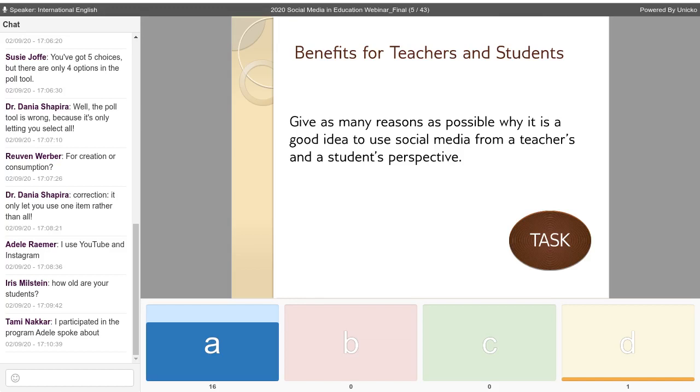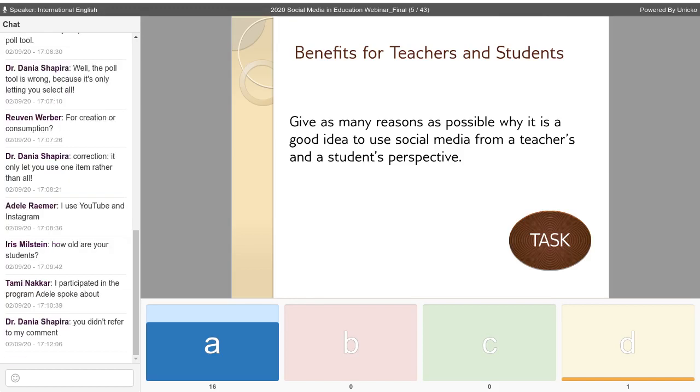Okay, so what are the benefits of social media for teachers and students? Why should we use social media? And I would like you to give as many reasons as possible why it is a good idea to use social media from a teacher's and a student's perspective. Please type your answers in the question box or in the chat box.